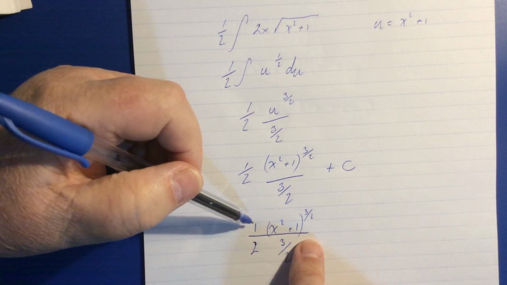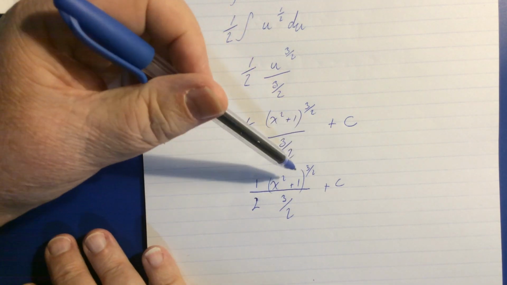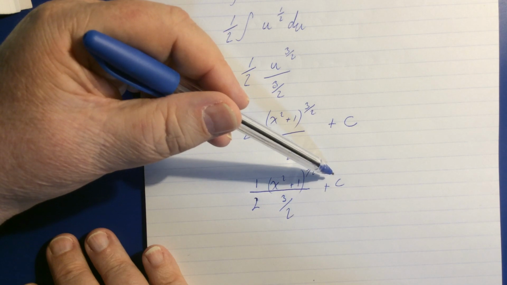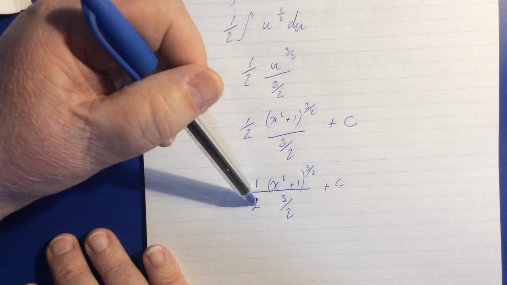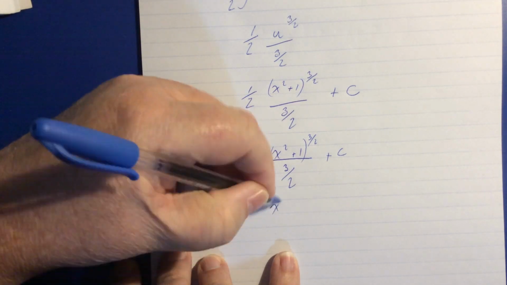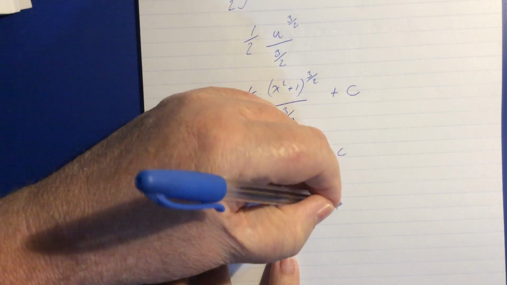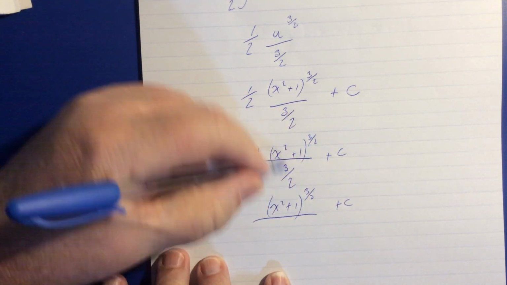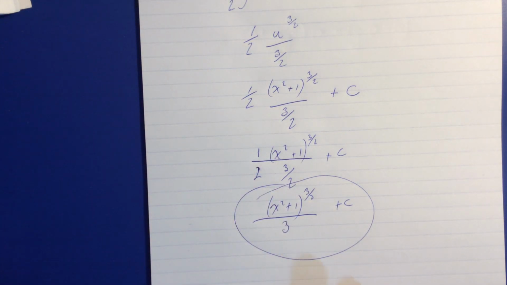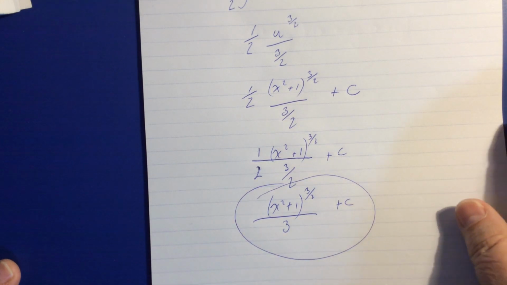So this is 1 times this. Don't forget the c. I keep doing that. It's a really bad habit of mine. 1 times this is our top line. 2 times 3 on 2 is 3. So our answer is x squared plus 1 to the power of 3 on 2 plus c. That's our answer. That is the anti-differential of x into the square root of x squared plus 1.